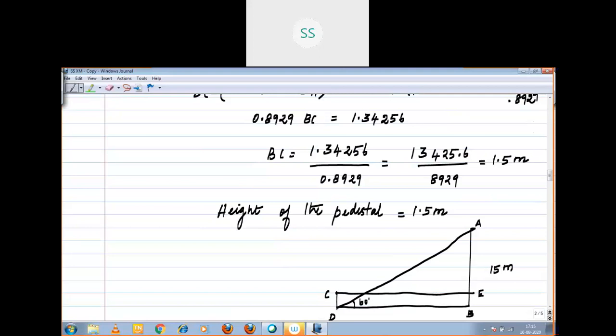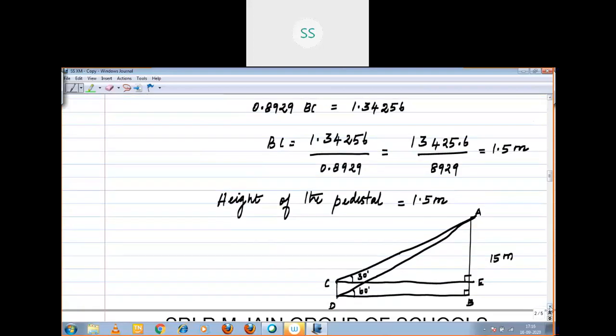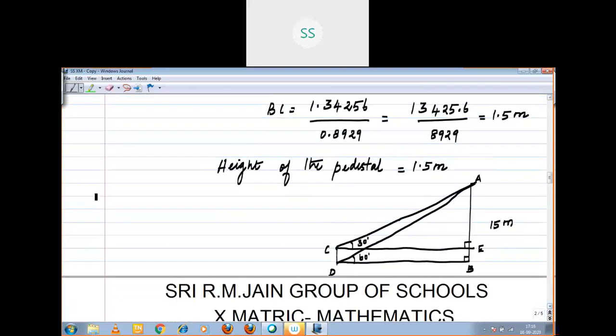A, B, C, D, E. Got it? Bottom it makes an angle 60 degree is given to you, then the angle of elevation of 30 degree with the top of the electronic pole. Right? How much angle it is given? 30 degree. This is also a perpendicular and this is also a perpendicular. Right? CD is the electronic pole.